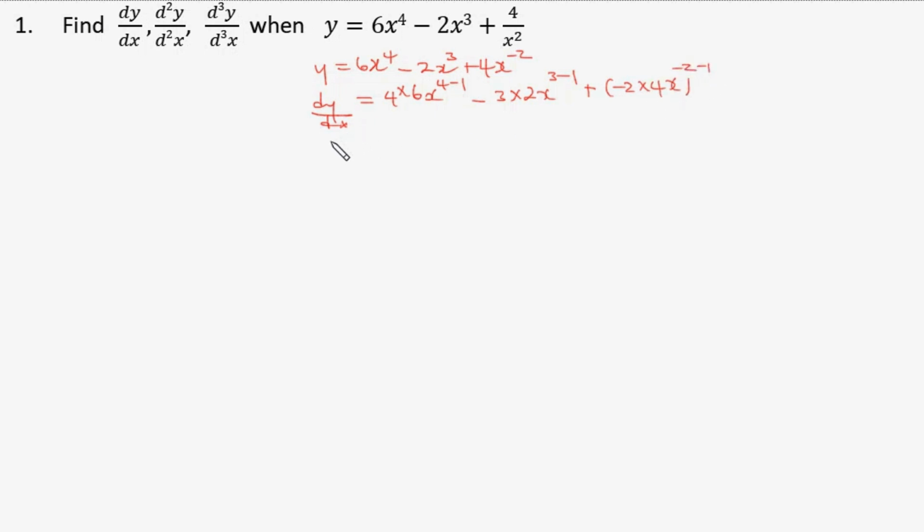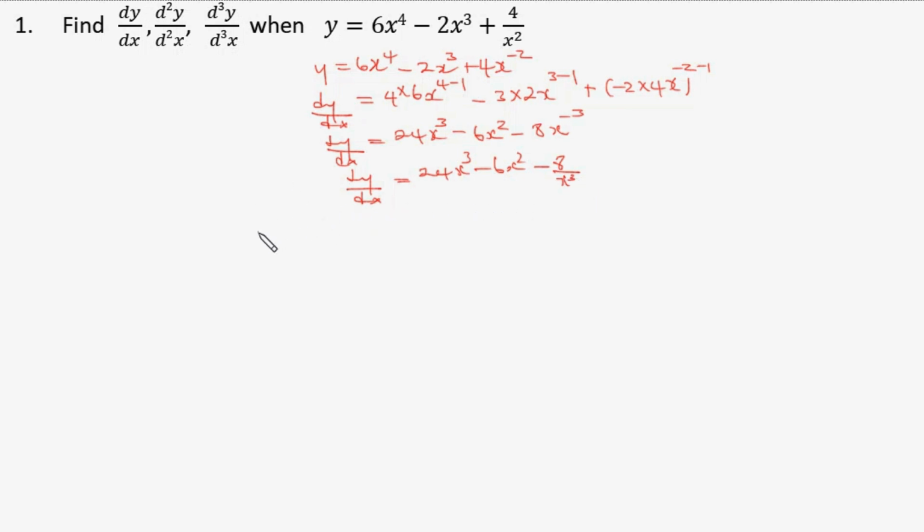So we have dy/dx is equal to 24x cubed minus 6x squared, and then plus times minus is minus, 2 times 4 is 8x raised to the power minus 3. So dy/dx is equal to 24x cubed minus 6x squared minus 8. Bring down the x, becomes positive. So this is our first derivative.